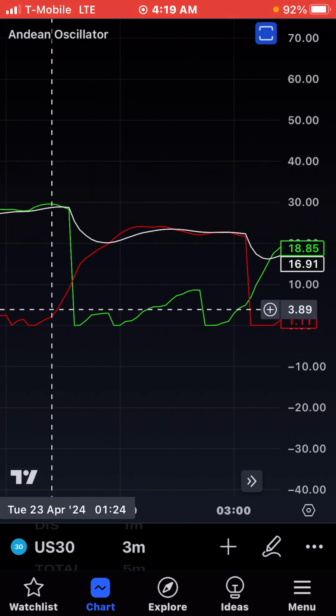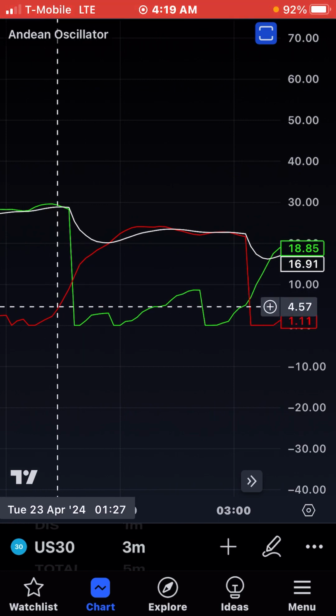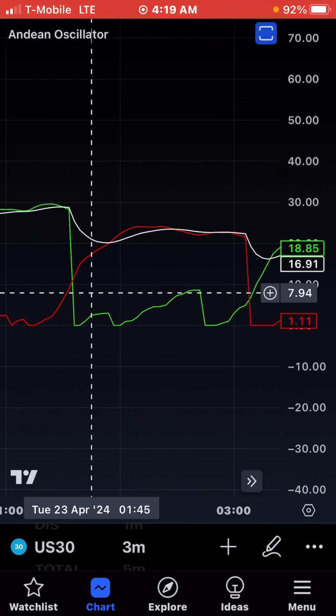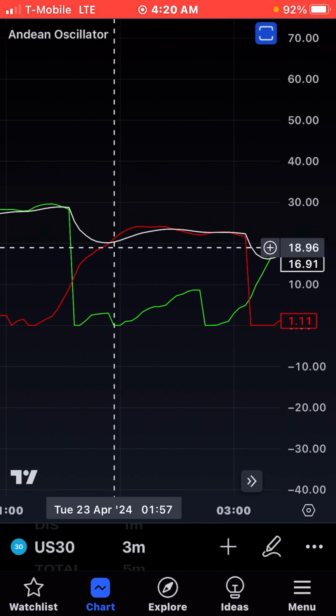I'll end up getting in early, like, oh, it's an early move, I'll just get in right over here. You'll get in early and then you'll end up losing. So just focus on what the oscillator is doing first, because what you want to look for is the cross here or the cross here.